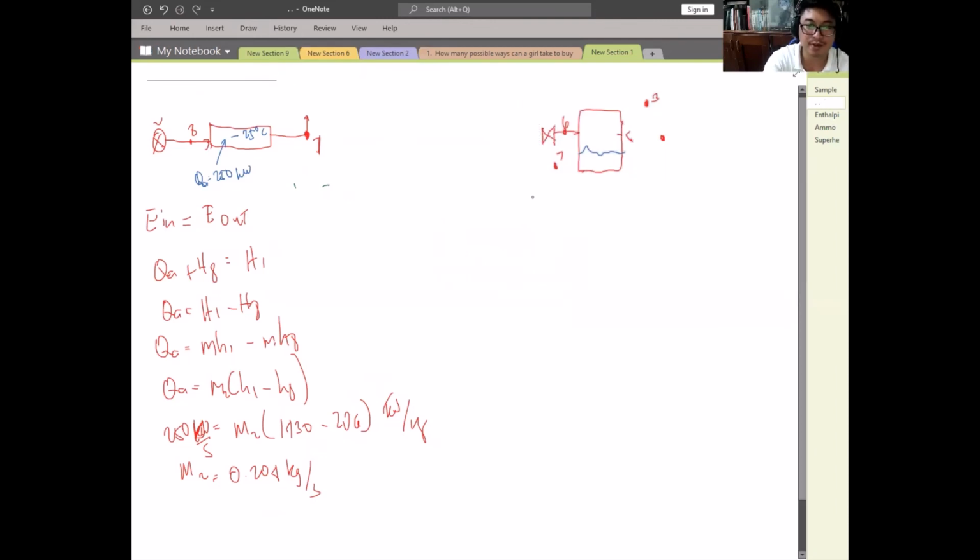So I know H6 enters, H7 leaves. H2 also enters, and H3 leaves. I mean, this is 0.2, 0.3, 0.6, and 0.7. So energy in equals energy out.